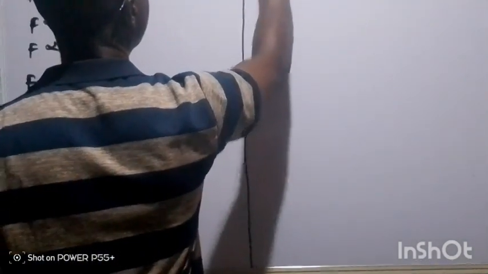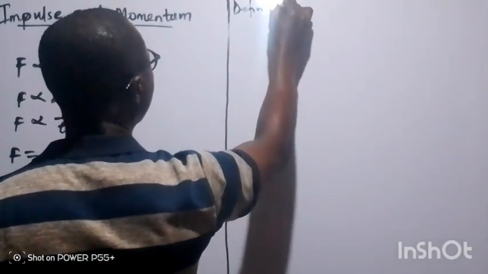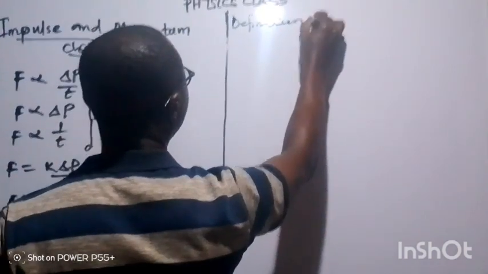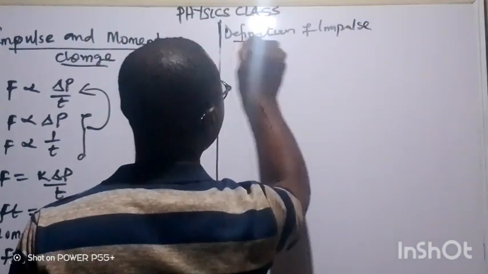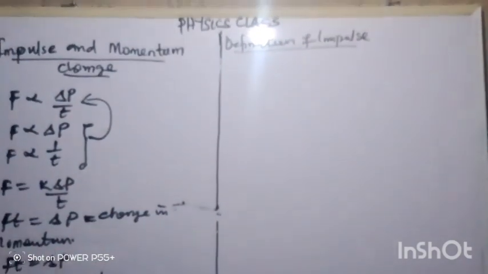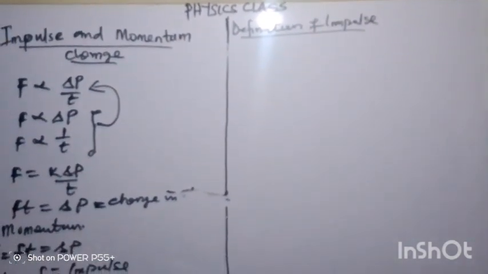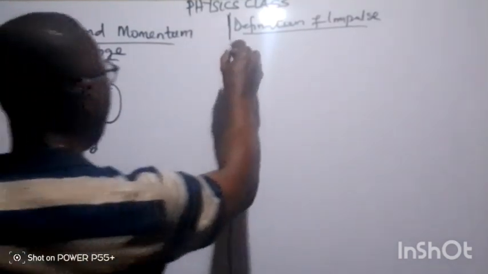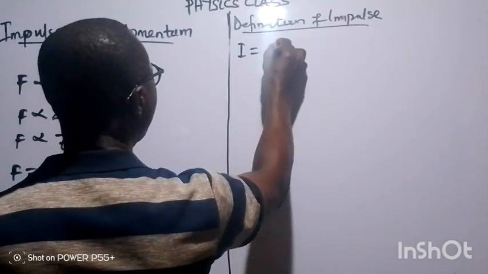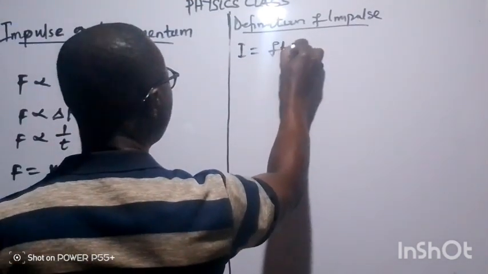Definition of impulse. From our equation and expression on the board, we can have two definitions. The first one, as we said, I is equal to Ft.